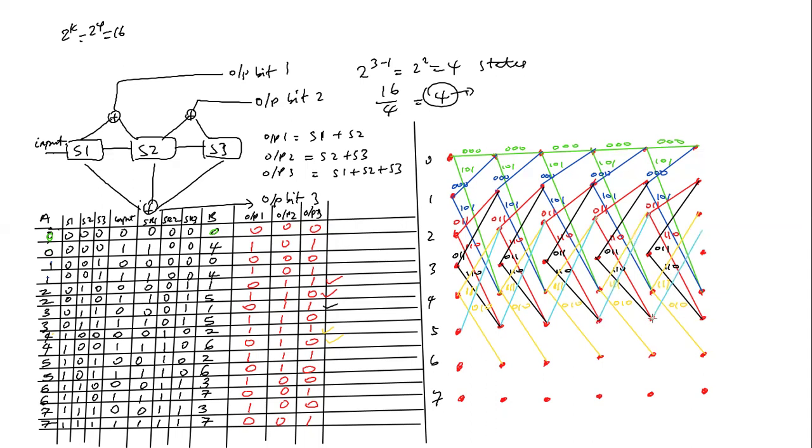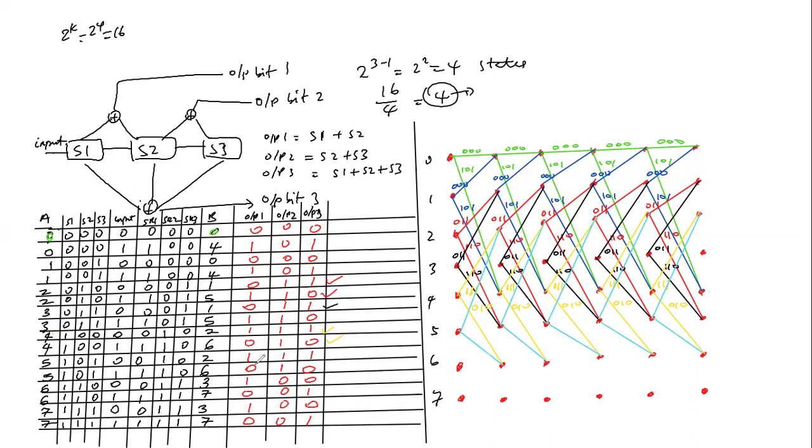And 5 to 2, that is locked up. 5 to 6 is also locked up. 5 to 6, 5 to 6, and then 5 to 6. Good.